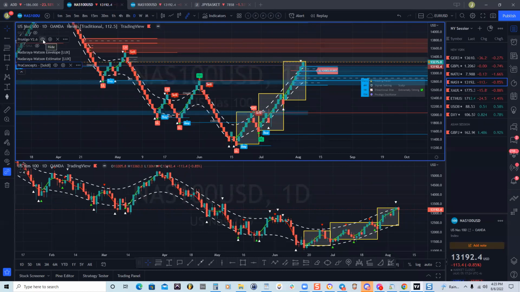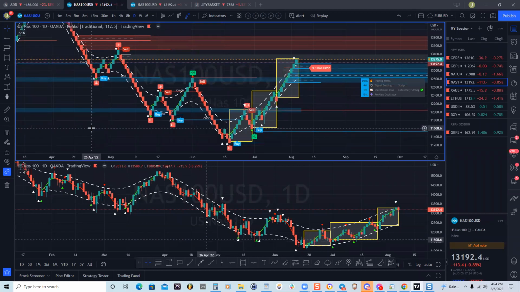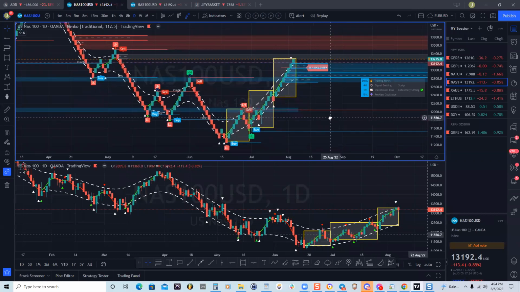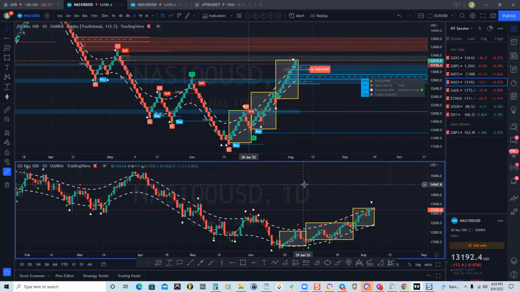The problem with Renkos is a brick could last forever, and there's a lot of price action going on during that one brick's development. Do I make sense? Every brick on the Renko represents a lot of volatility on the price action candles, and that break won't develop unless so many points have been established.